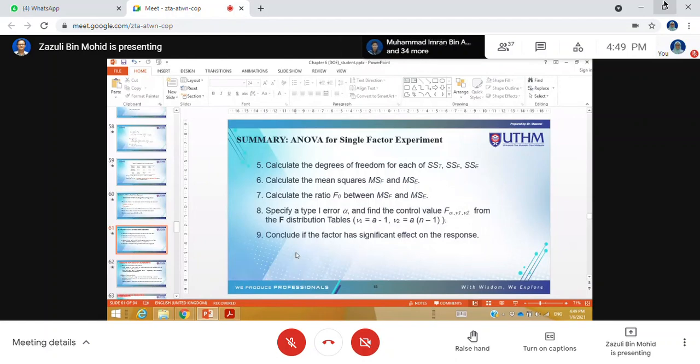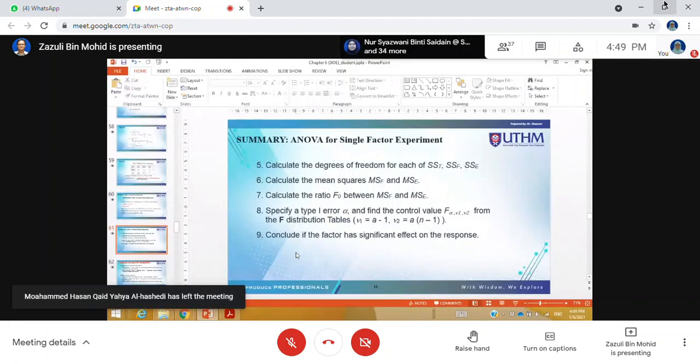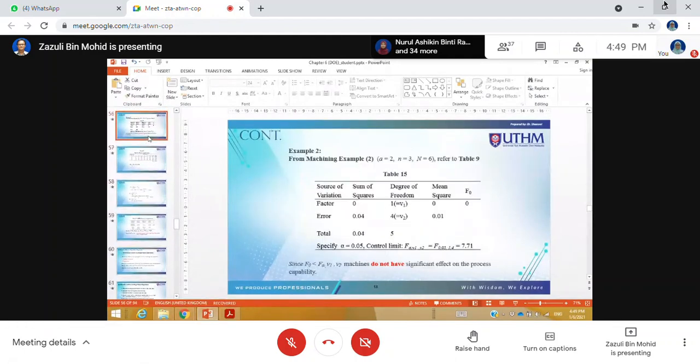If you have two different factors, you can have two different F distribution values, and then you can see which one has the most significant effect. Or maybe you can compare by using the value of tau in the previous method.